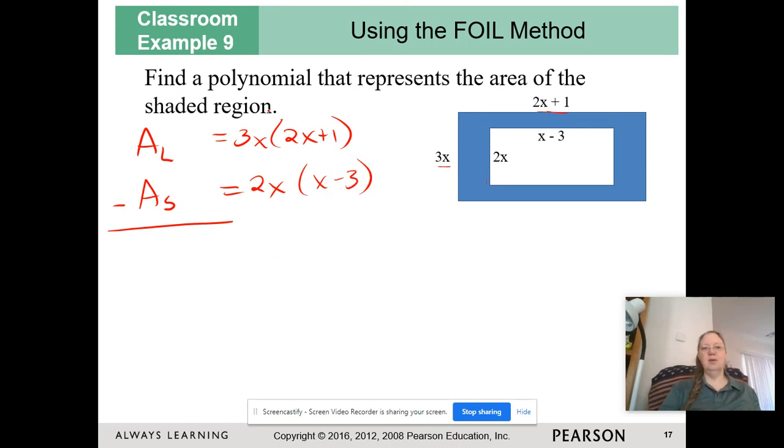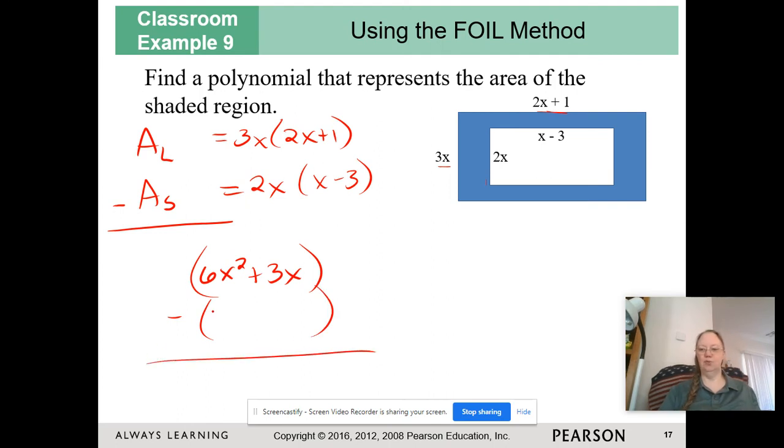So when we distribute this, we end up with 6x squared plus 3x. And we need to subtract, I'm going to do it vertically just for room's sake. We're going to subtract our 2x squared minus 6x.